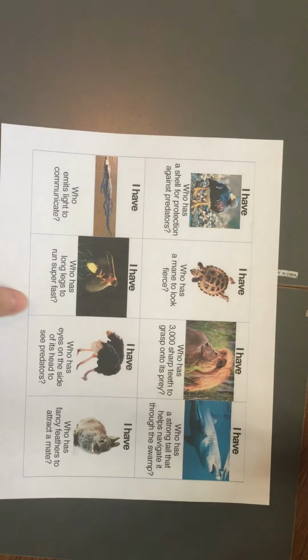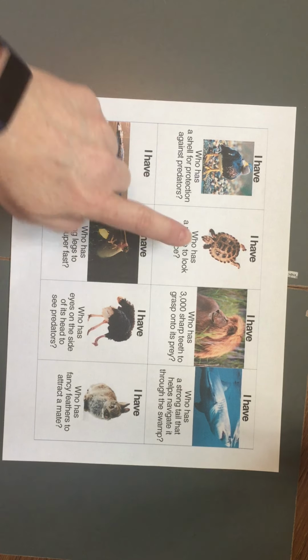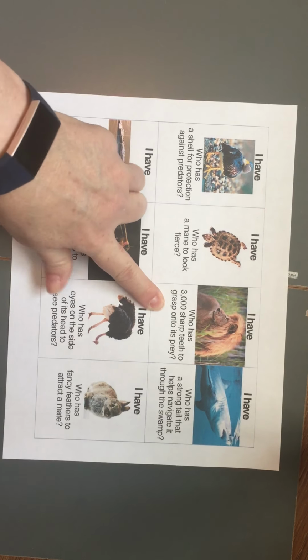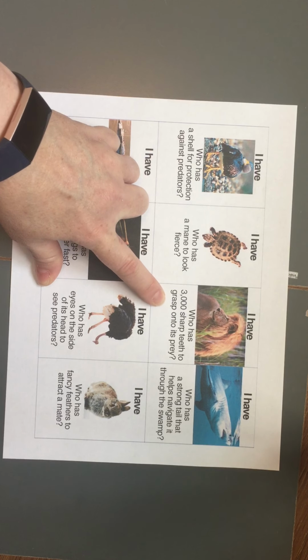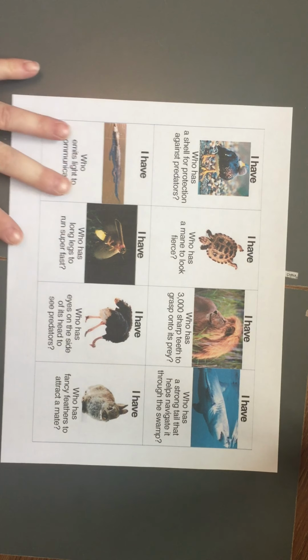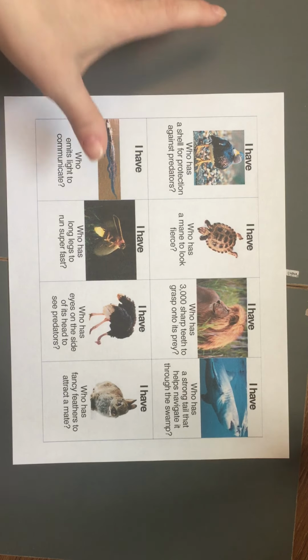That would be our duck friend. The turtle has a shell for protection against predators. So who has a mane to look fierce? That would be the lion. Who has 3,000 sharp teeth to grasp its prey? And that would be a shark. I have lots of examples that if we need to talk about them, we definitely can.